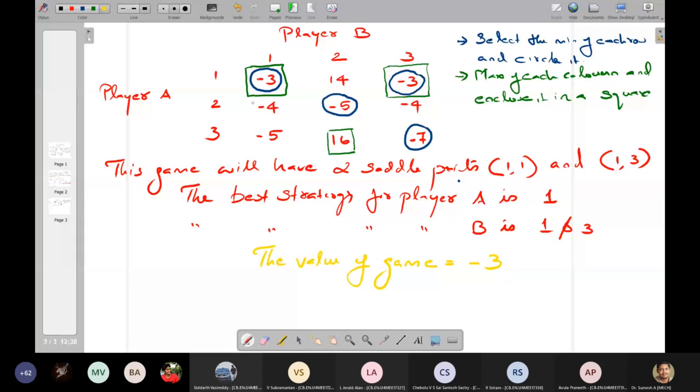Now, in the previous problem we have seen there is no saddle point. If there is no saddle point, how will you proceed?